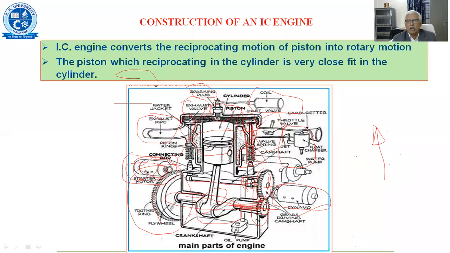Because at the time of ignition, the temperature of that spark may be of the order of around 1800 degrees centigrade and above at that particular instant. Once it travels some distance, the temperature decreases. And the normal operating temperature of an IC engine is anything around 600 to 800 degrees centigrade.